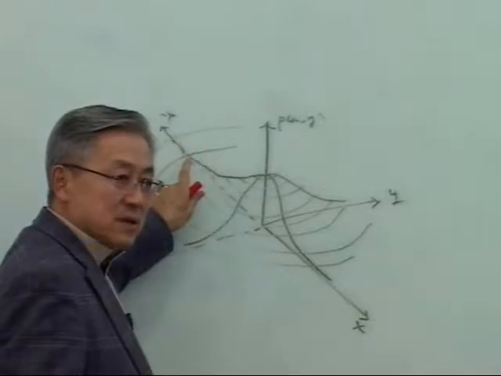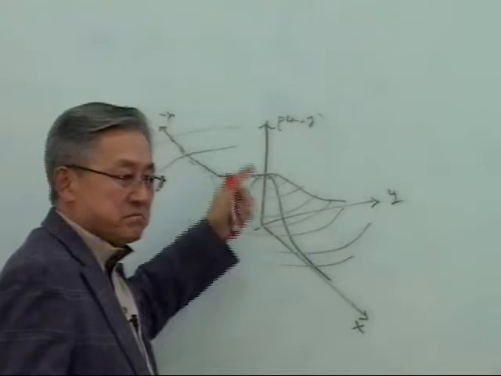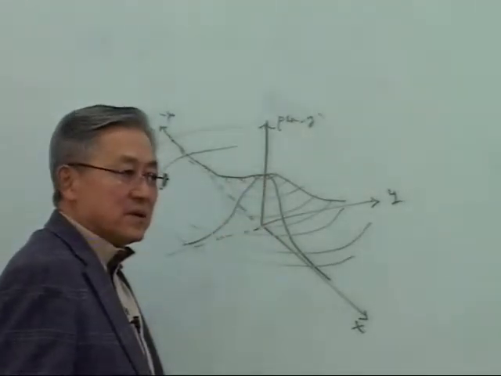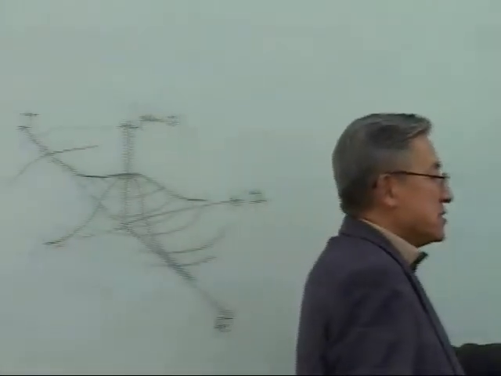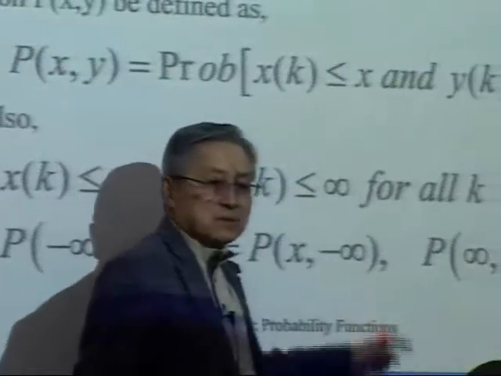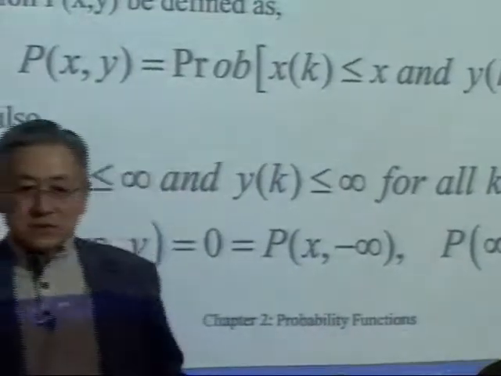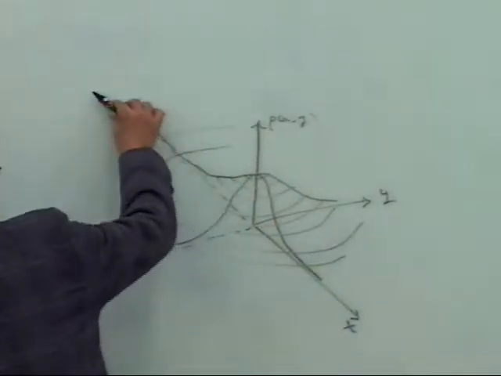You see that? If you take the volume, it's 0. Can you see it? You have to see it. Otherwise, this doesn't make sense. This is equal to 0, and this is equal to 0.